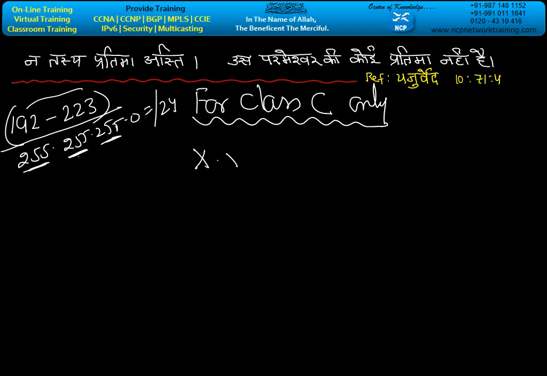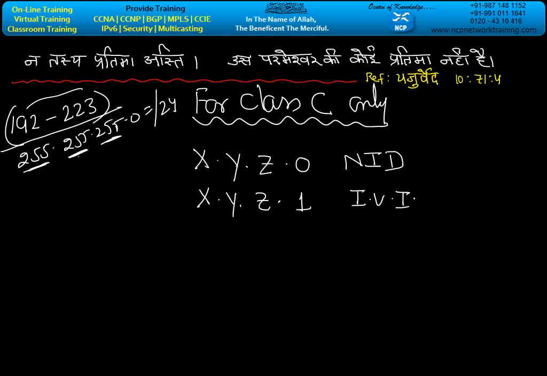X.Y.Z.0 is the pattern known as NID for class C. X.Y.Z.1 is the pattern for the first valid IP in class C. X.Y.Z will remain constant.